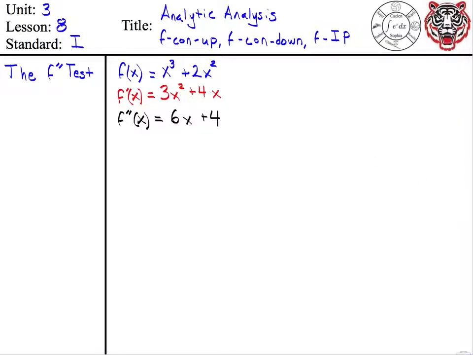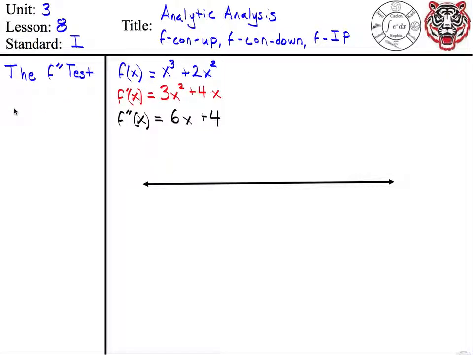So all of this is now review. We're going to make our line, our x-axis. So there's our x-axis. And we're going to come back and make our little tick mark. Before we even do that, we have to find where our critical values are. So what happens at critical values?